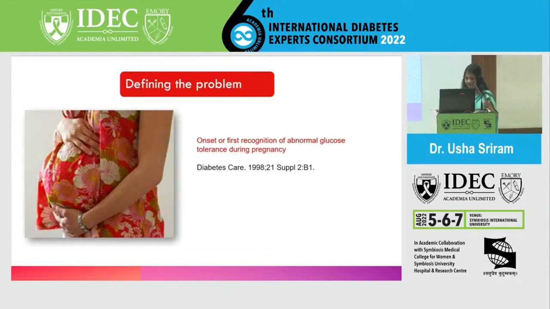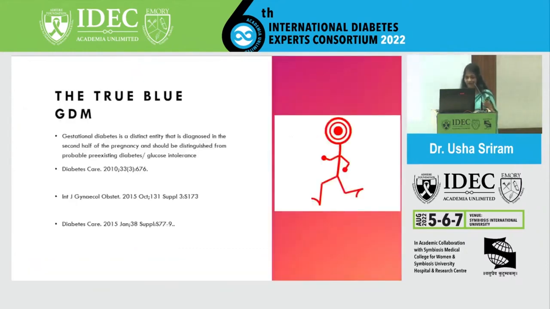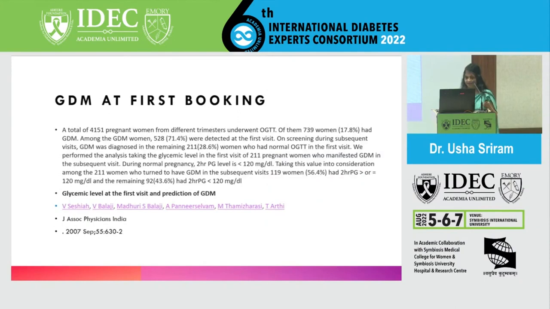And then the WHO came out and said, sometime in 2010, and they published it in 2013, that gestational diabetes is a distinct entity that is diagnosed in the second half of the pregnancy and should be distinguished from probable pre-existing diabetes and glucose intolerance, which kind of said that whatever we are picking up in early pregnancy is not the true blue GDM, but something that was already there, and people marched into the pregnancy with that.